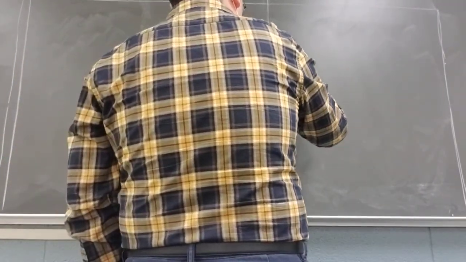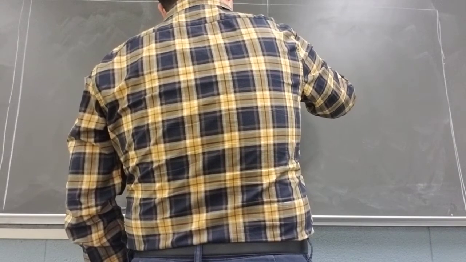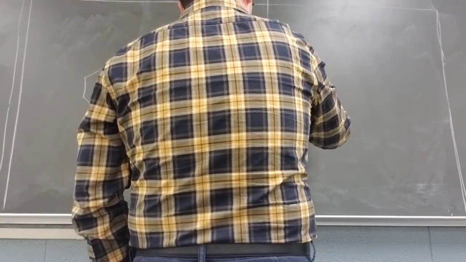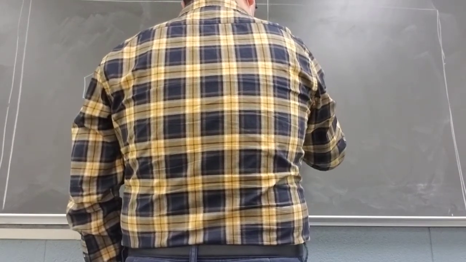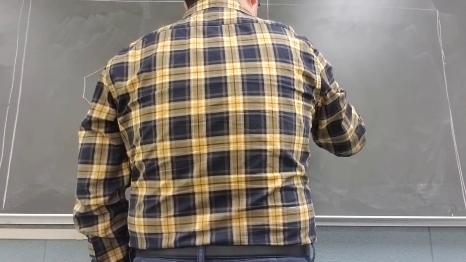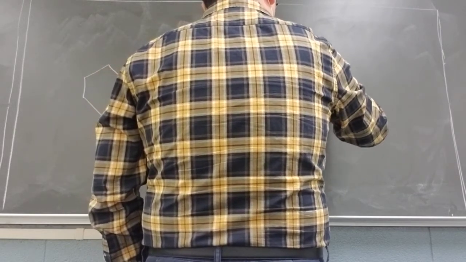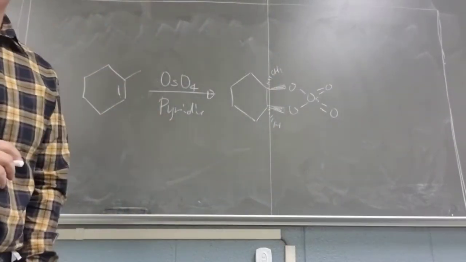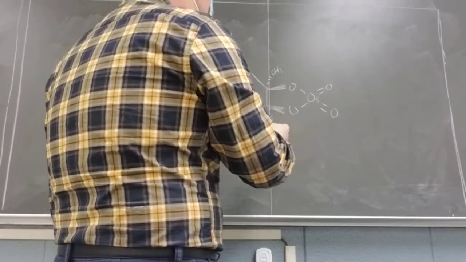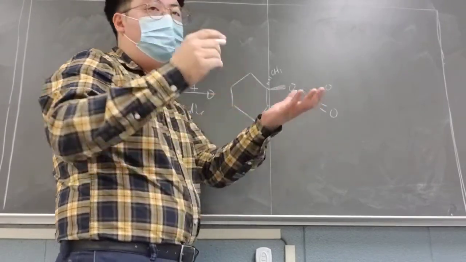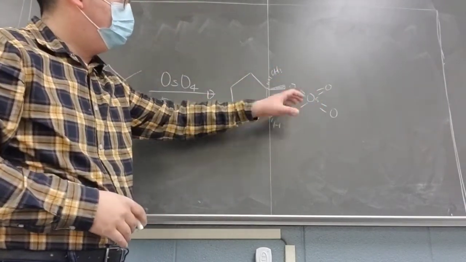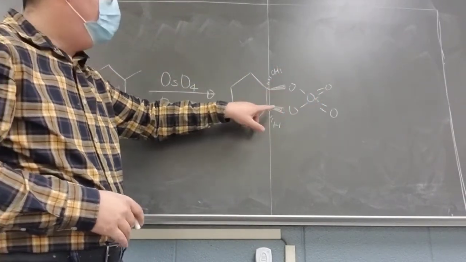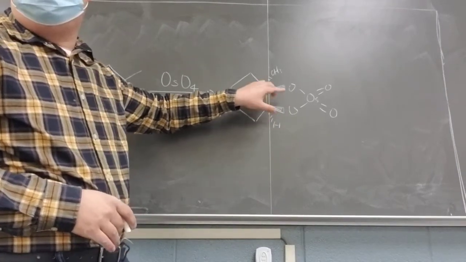So what happens to this one is in this one, okay? And then because of this compound coming on together, right? Because these two oxygens were on the same side, it has to be on the same side, okay?